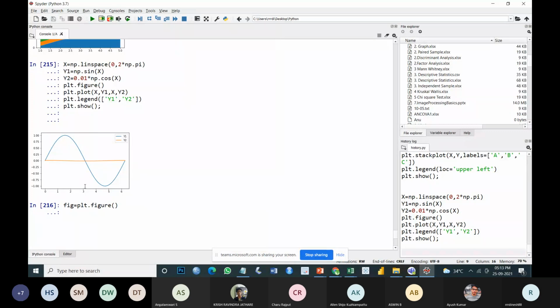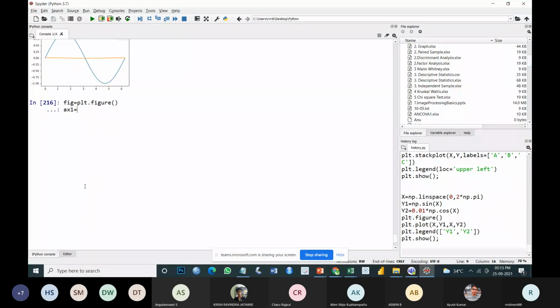Then let me draw the two different variables. fig.add_subplot of the argument. Then ax1.plot of x comma y1. Then ax1.set_ylabel of y axis.